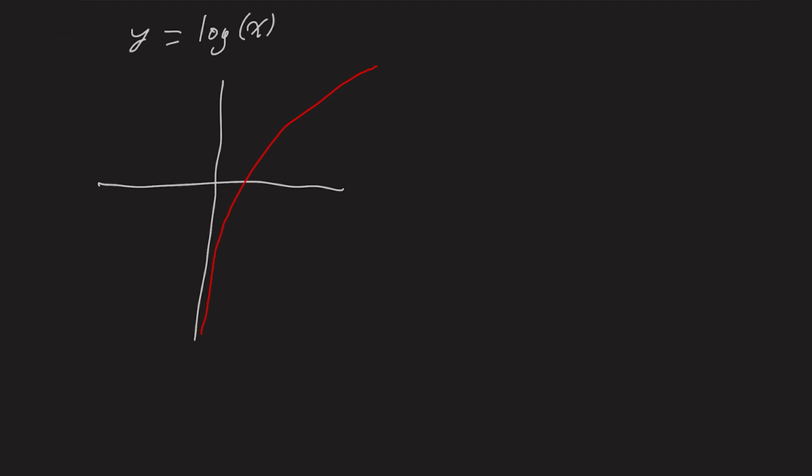So if we look at the function, we can interpret why that is. I can never put a negative number into my logarithm, because that's basically telling me what power do I need to raise 10 to in order to get negative 1. I can never raise 10 to any power and get a negative number.